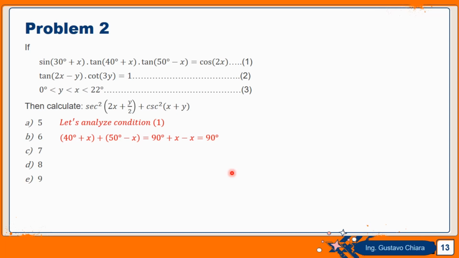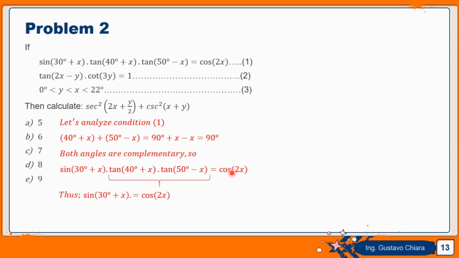So if we add both expressions, we get 90 degrees, and so it means that both angles are complementary. So in this way, we can reduce the expression.